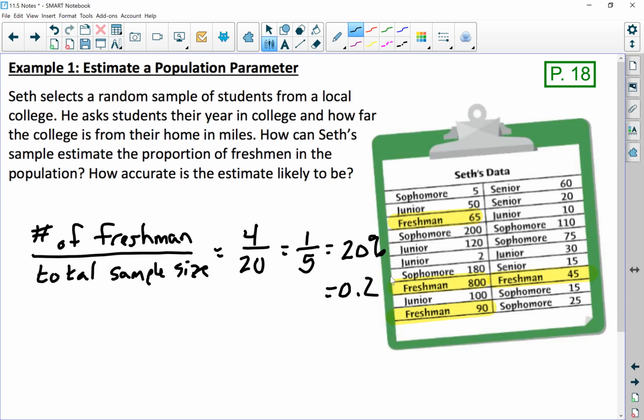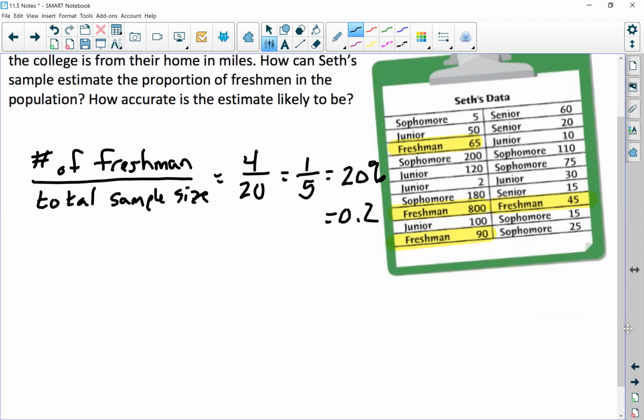And how accurate is this estimate likely to be? So think about a college and how many students go to any particular college. For instance, there are, I would say, hundreds of students that attend Inver Hills. There are thousands of students that attend the University of Minnesota, and many other colleges.